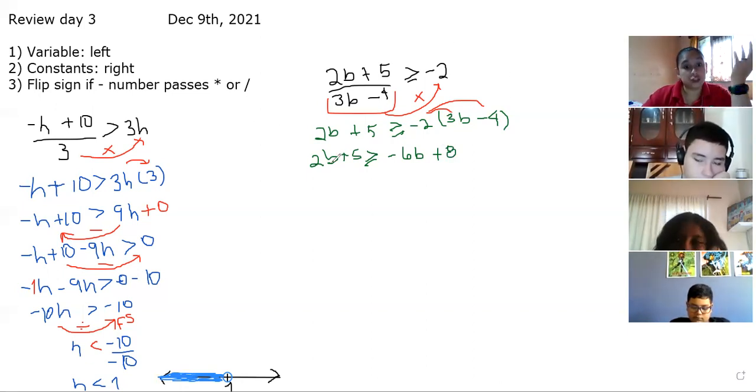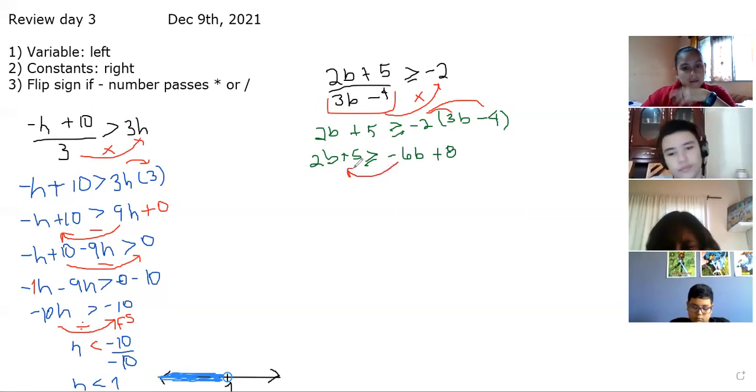Now, there's nothing that we can simplify, so let's pass variables to the left, constants to the right. So this negative 6b, how does it go to the other side? Being positive, exactly.